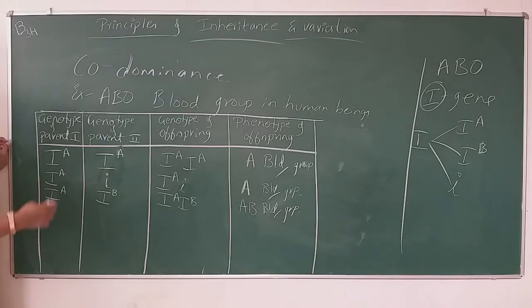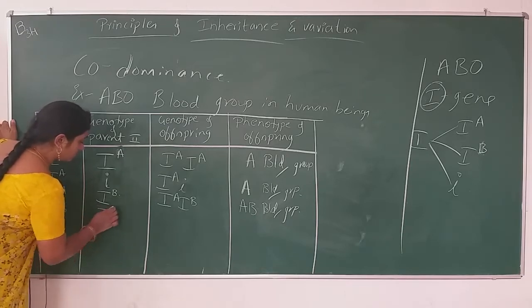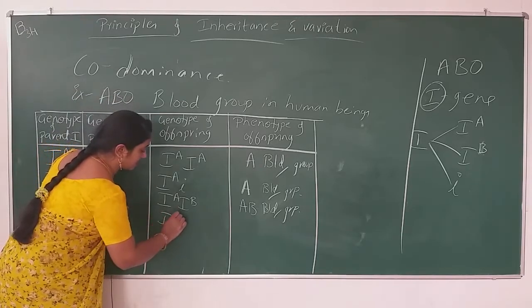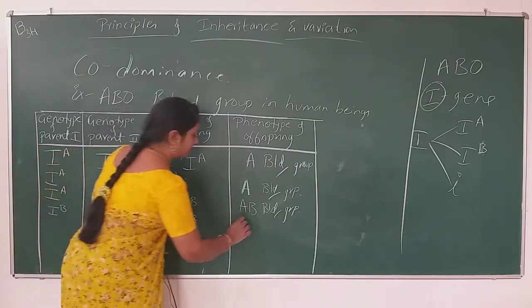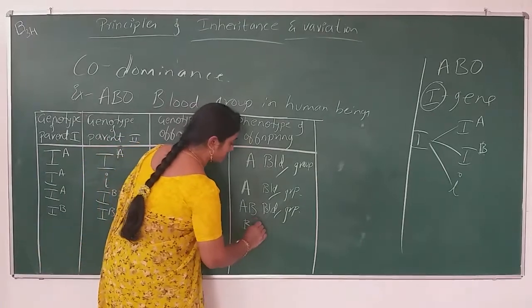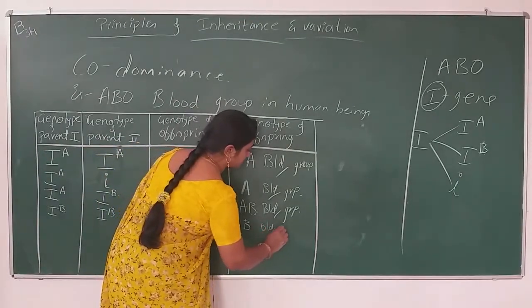I'll jump on to the next, IB. If a man having B type blood group marries B only, the offspring is IB and IB, and the phenotype of the offspring will be B blood group.